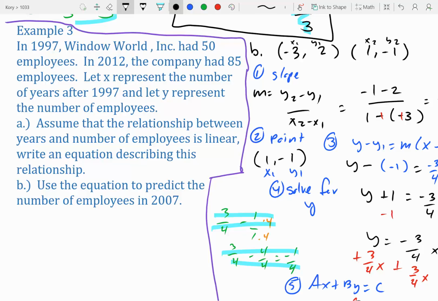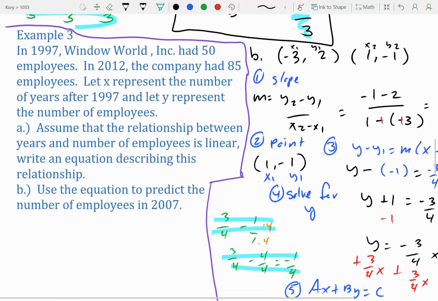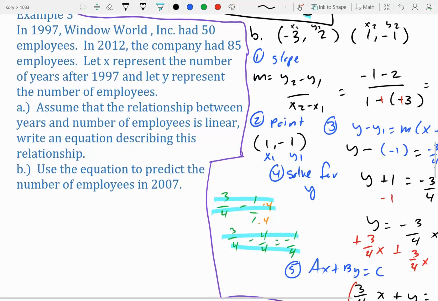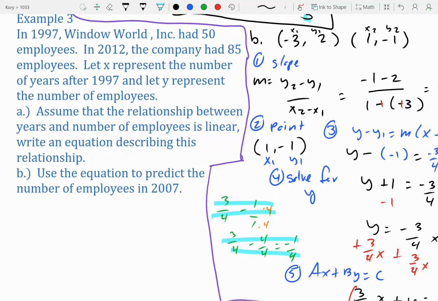You see how it says write equation, linear, that's line. So you're technically still getting all of the same information as write equation of a line. Now we have a couple pieces of information here. In 1997, they had 50 employees, and in 2012, they had 85 employees.